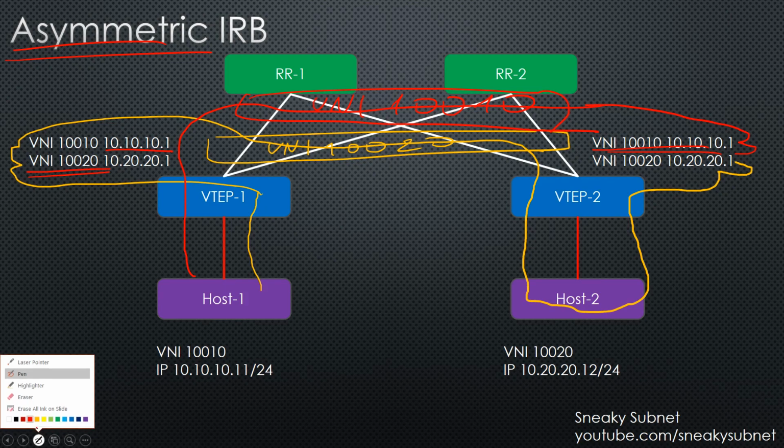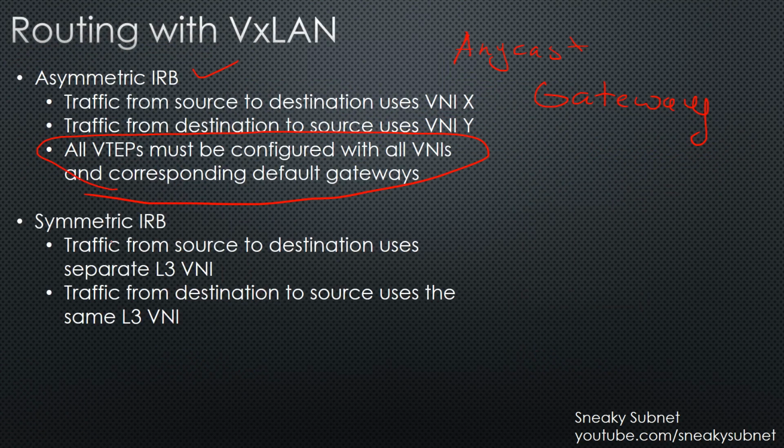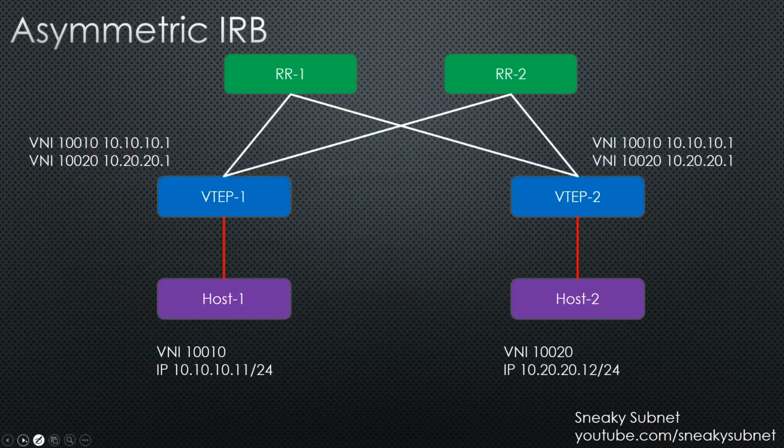We solve that with Symmetric IRB. Traffic from source to destination uses a separate layer 3 VNI. Traffic from destination to source uses the same layer 3 VNI. So we do a pretty simple thing.